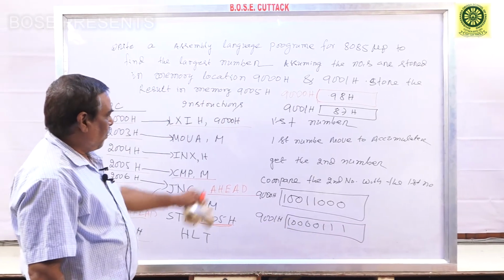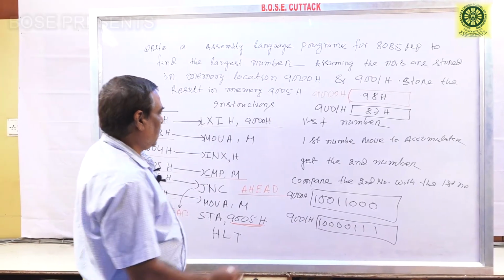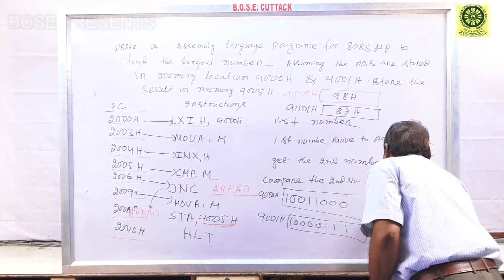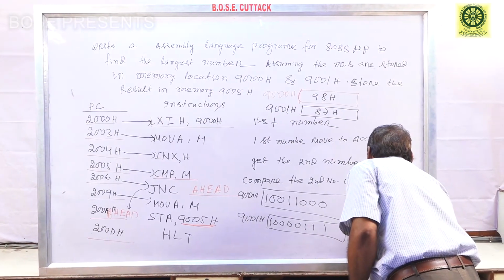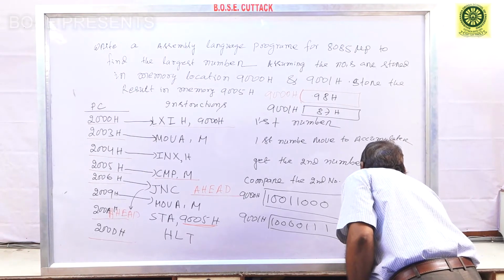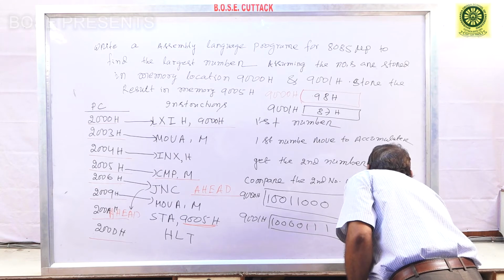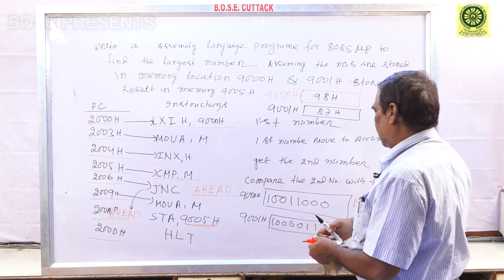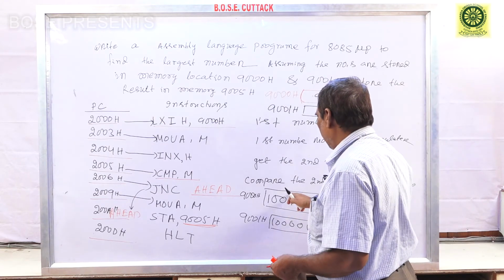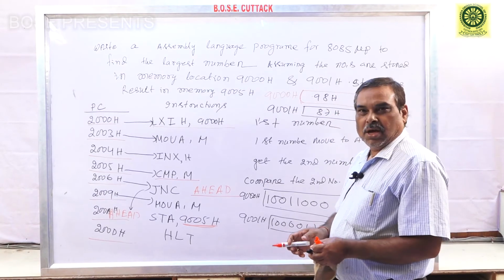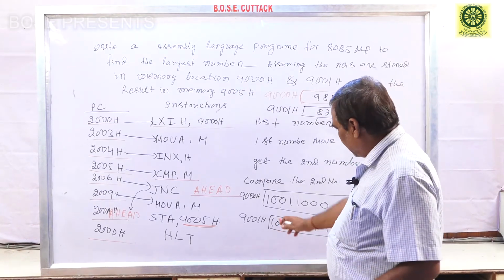Now when it compares, this number is the minuend and this is the subtrahend. In a comparison operation, what happens? The subtrahend is subtracted from the minuend, and subtraction is done by means of 2's complement.